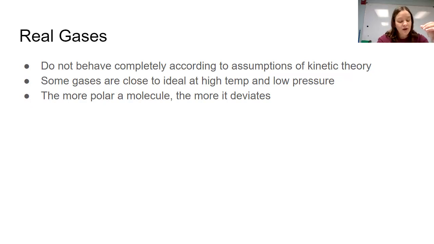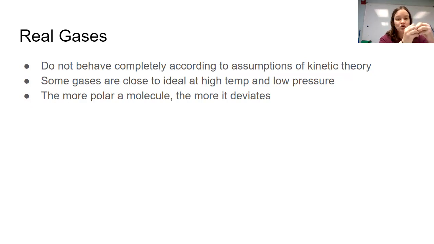Water would deviate, ammonia deviates a lot, but especially gases where you have the exact same atom, like diatomic molecules, like nitrogen and hydrogen, where you never find just one nitrogen, it's always going to be two.